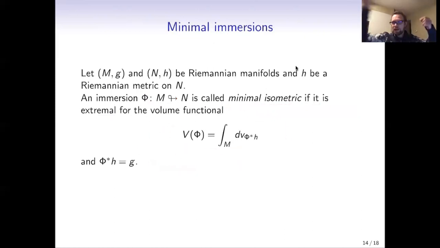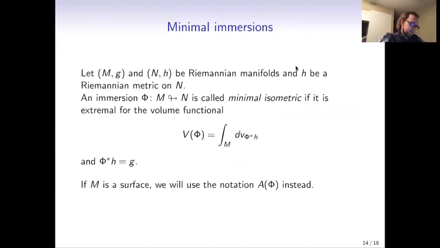We can pull back the metric from manifold N, compute the volume in this metric, and say we want it to be critical. And the pullback of the metric is the metric that we started from. In our case, if M is a surface, we will use the notation area of phi instead of the volume of phi. This is the general definition for any dimension, and we use A of phi because we have area instead of volume.